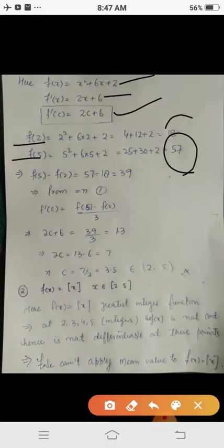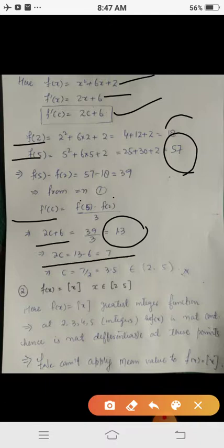So substituting f'(c), f(2), f(5) in the equation, 2c + 6 = 39/3, which is 13. Hence 2c = 7, or c = 7/2, which is 3.5.